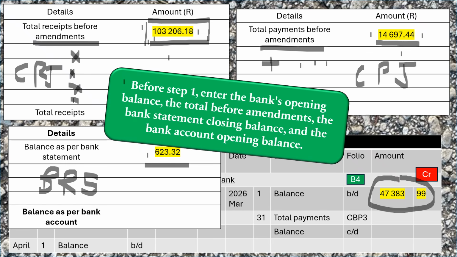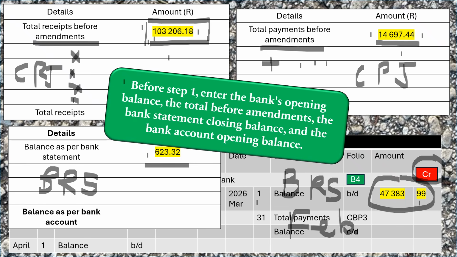And this here is at the start of the month. We were in overdraft. So 1st of March, the opening balance is on the credit side, 47,383.99, and this amount was obtained from the bank reconciliation statement for February at the start of the exercise.